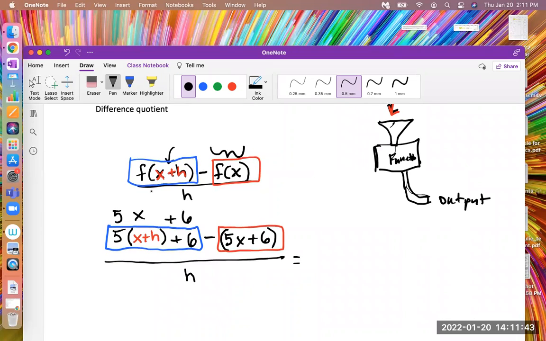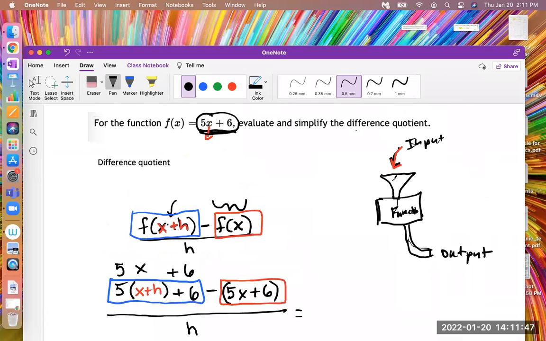I'll just restate what I did again. I plugged this x plus h expression into the f of x equation in place of x, and I replaced it with this f of x plus h in the equation.